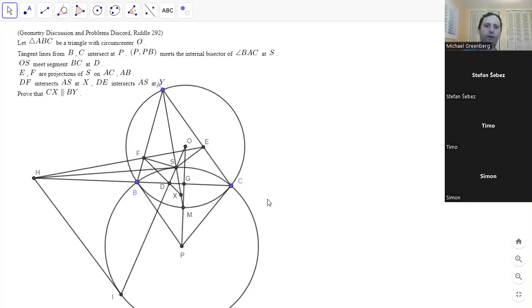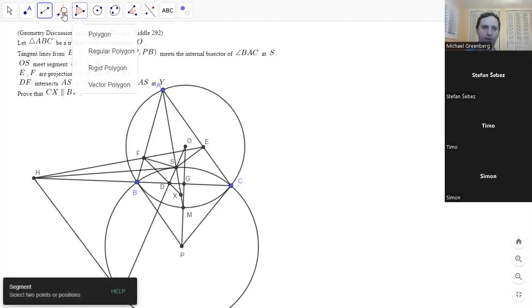So basically, can we show that EF, BC, and the tangent at S concur? Is this an angle bisector here? Let me check.